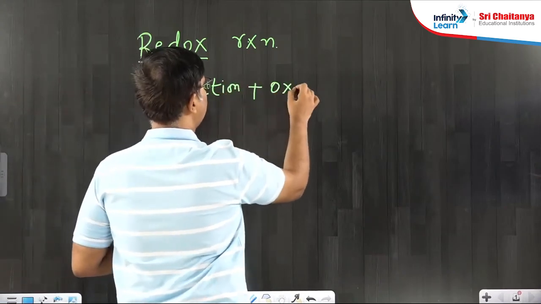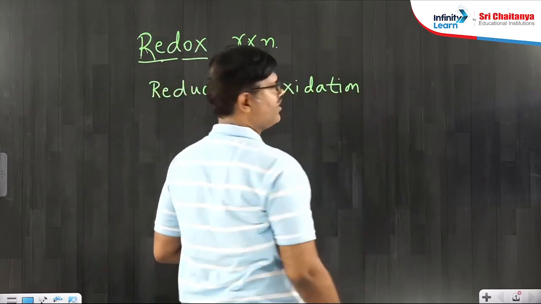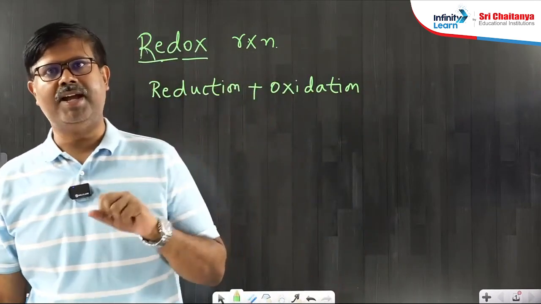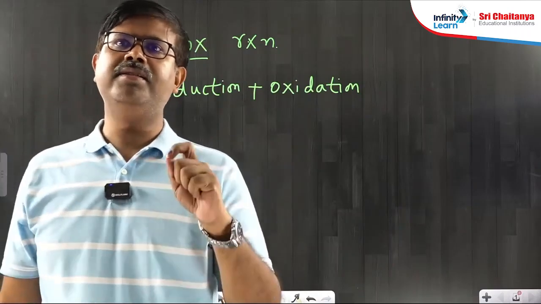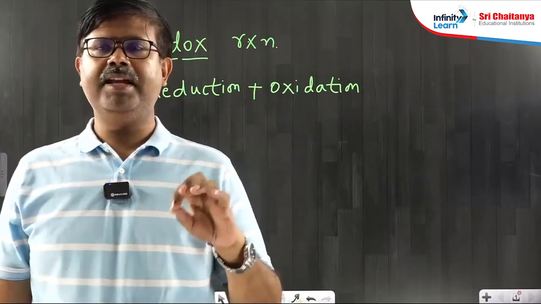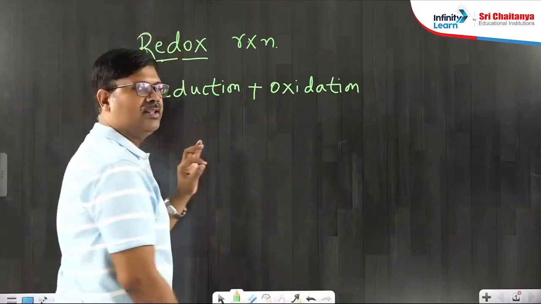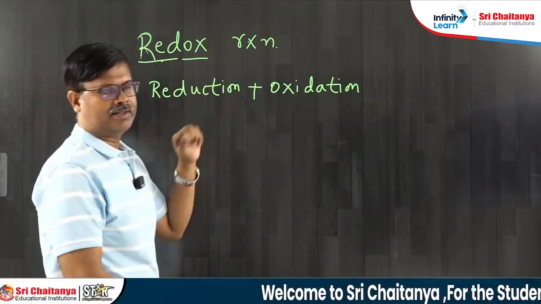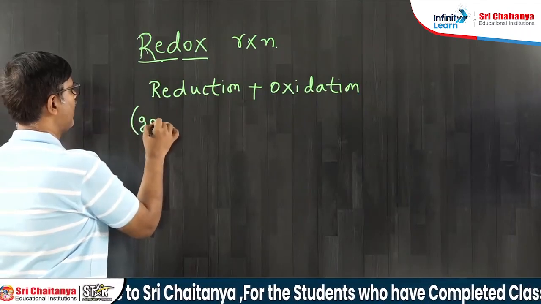When these two are taking place, such reactions are called redox reactions. Now, next question comes up, what is reduction, what is oxidation? See, oxidation, in terms of electrons, the definition is like this, reduction and oxidation. Reduction means gain of electrons.